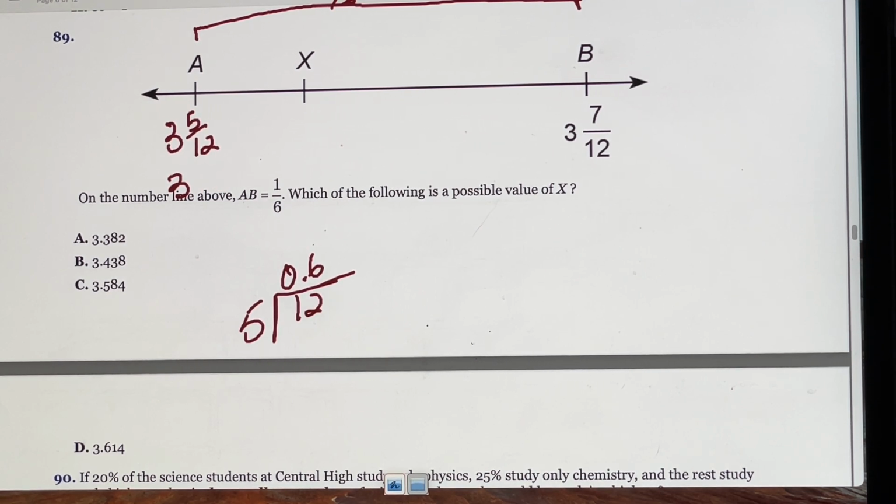Apologies. 5 goes into 12 two times, that's 10, bring a 0 down.